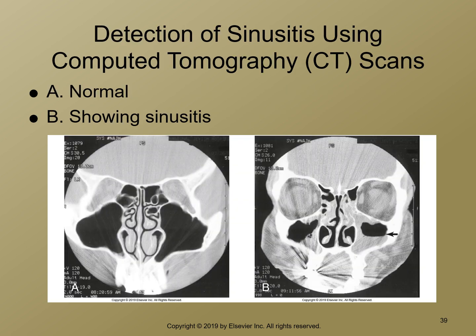These figures give an example of detecting sinusitis using CT scans. So imaging with either radiography or CT scanning is not recommended for diagnosis of uncomplicated cases of sinusitis because the abnormalities seen are nonspecific.